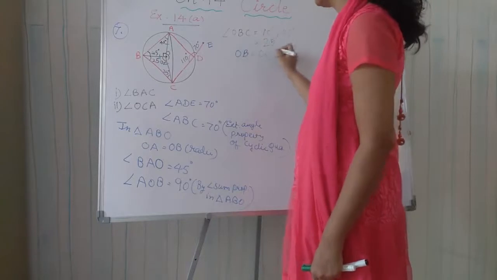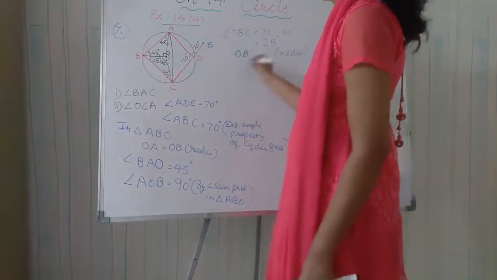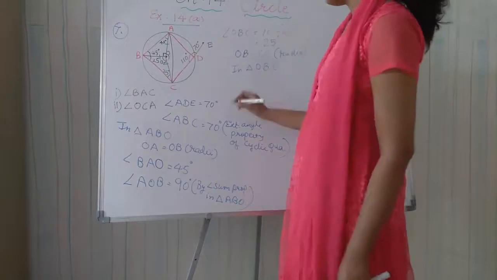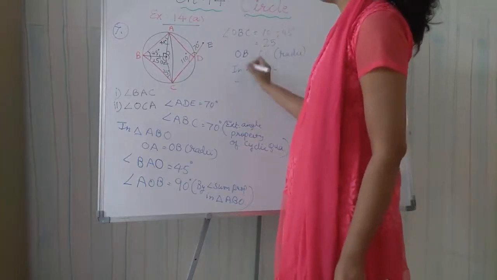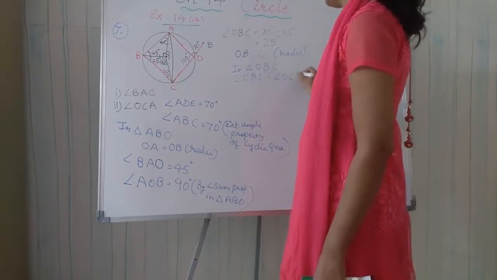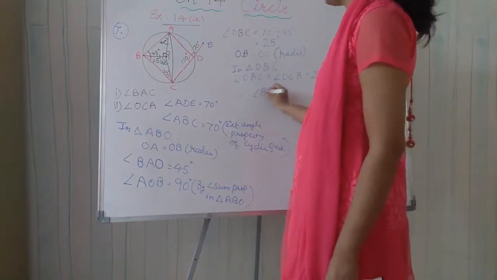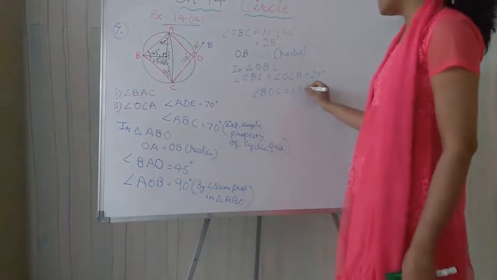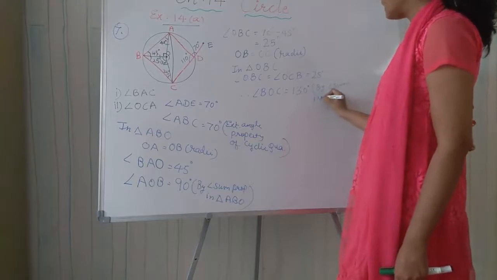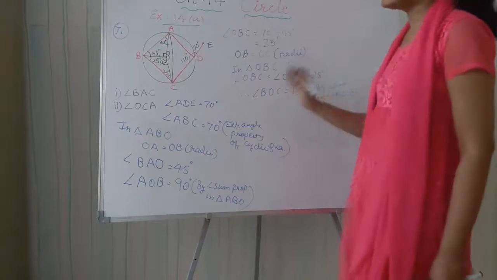So in triangle OBC, writing angle OBC is equal to angle OCB is equal to 25 degrees. Therefore, angle BOC is equal to 130 degrees by angle sum property in triangle OBC. Okay, so we have shown the reason also here.